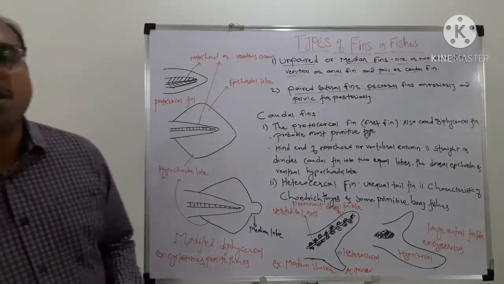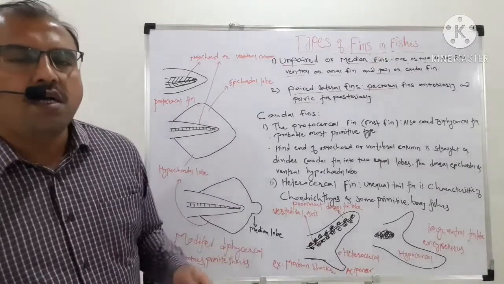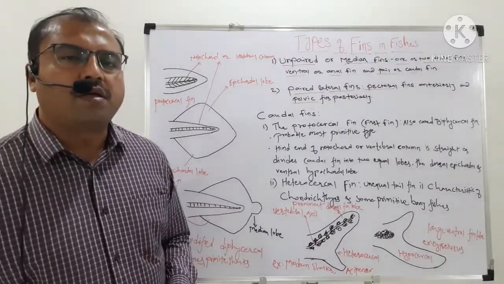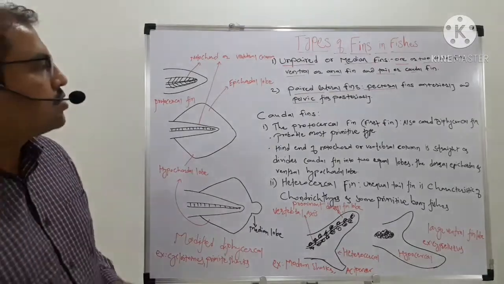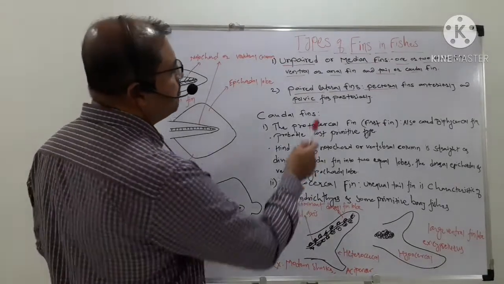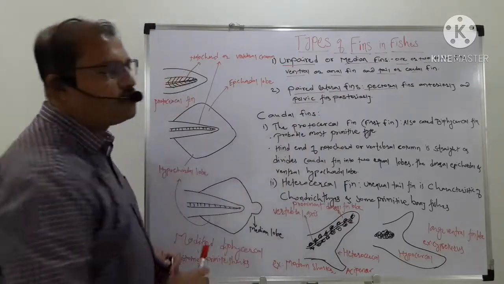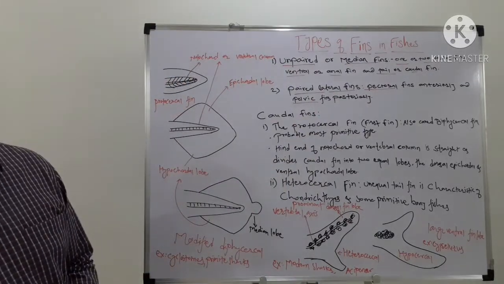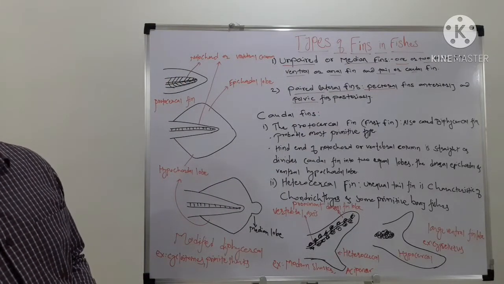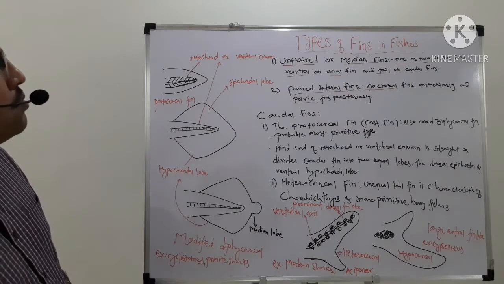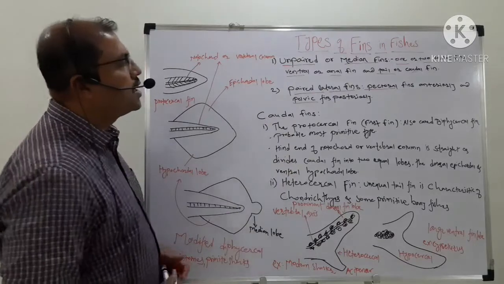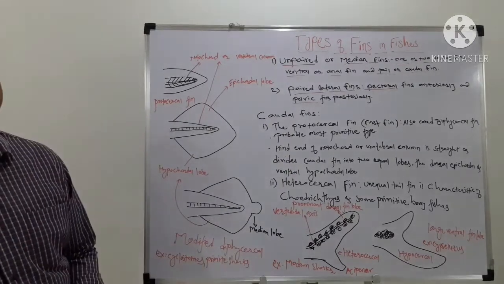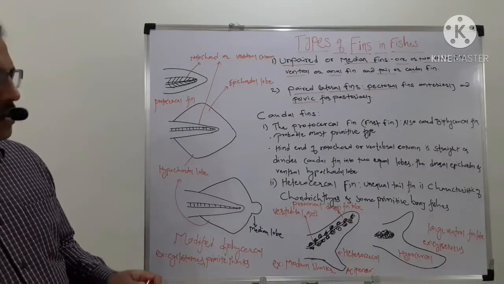The pectoral fins are paired on the anterior lateral sides, and the pelvic fins on the posterior lateral sides. Generally, they are ventrolateral in position. So this is about the two important categories of fins, unpaired and paired.